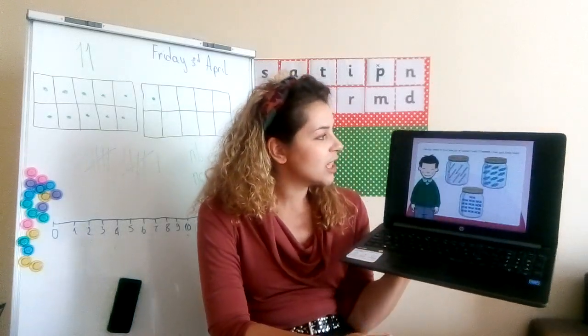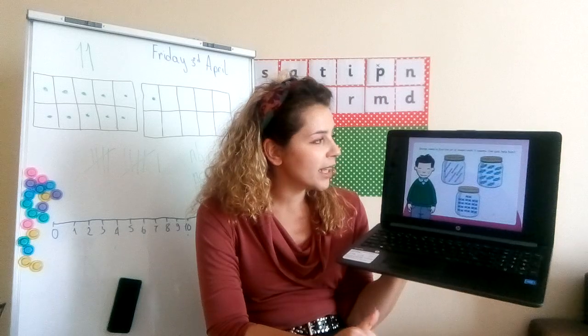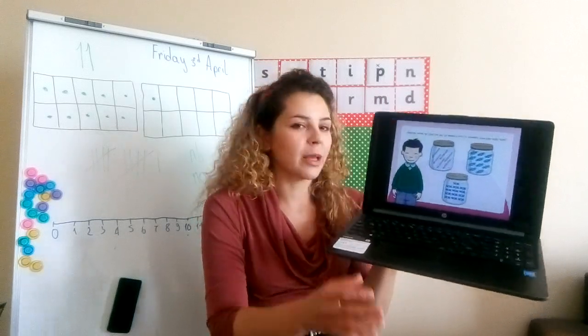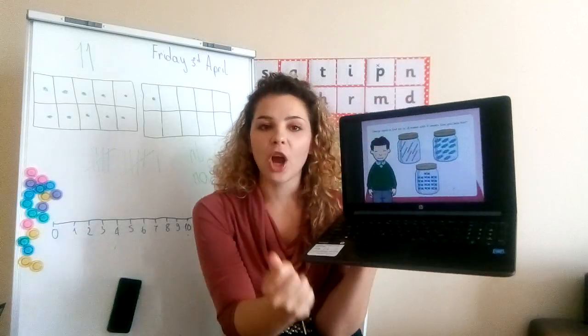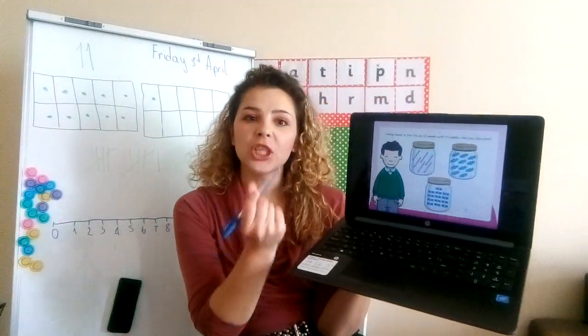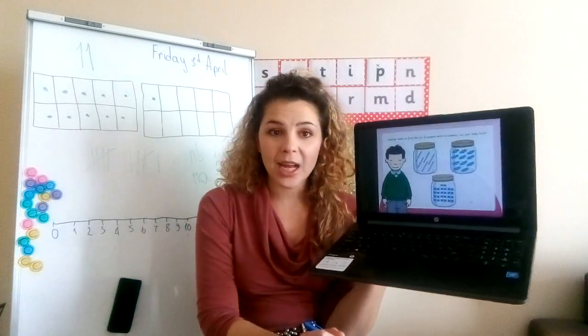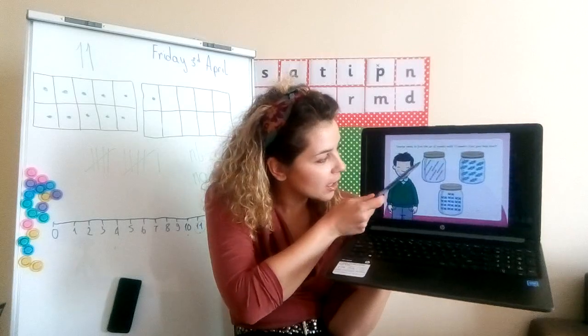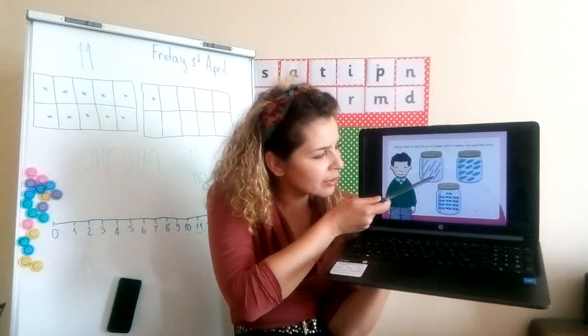Okay, so George needs to find the jar of sweets with 11 sweets. Can you help him? So look, you have 3 different jars, and what you need to do is to count in each of them which one has 11 candies. So let's try with the first one. 1, 2, 3, 4, 5, 6.